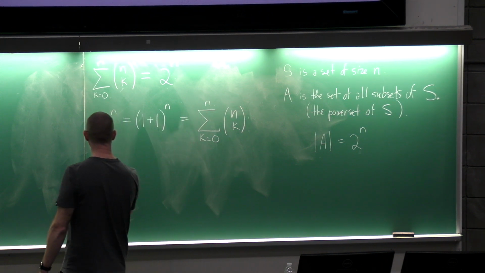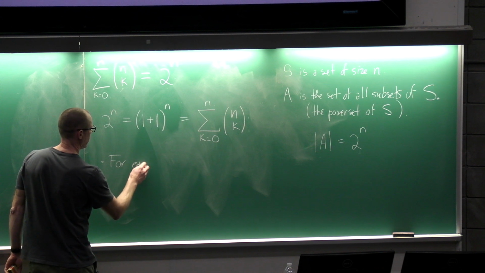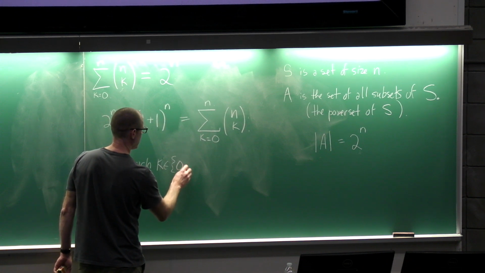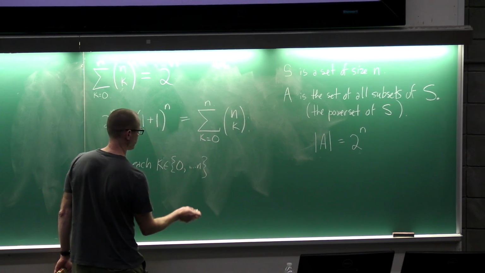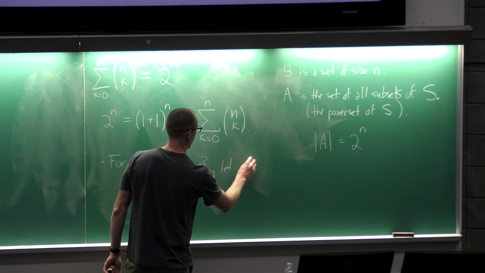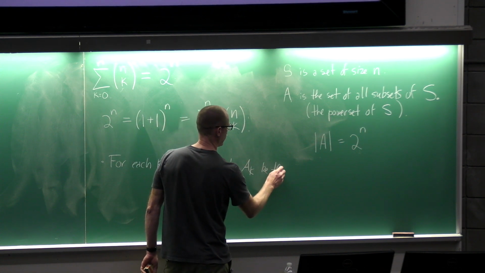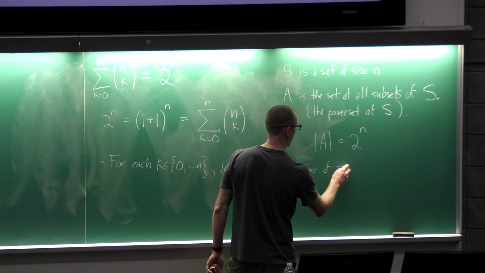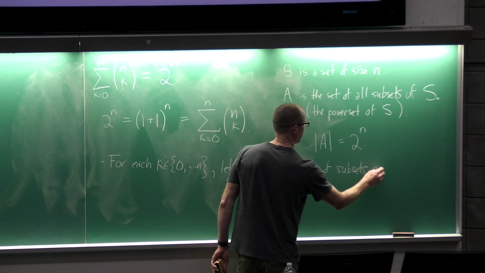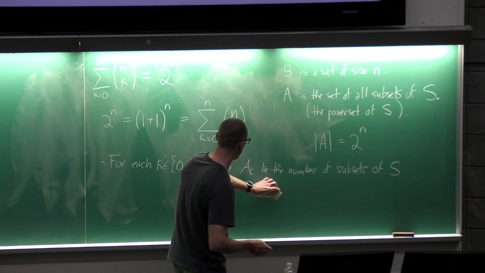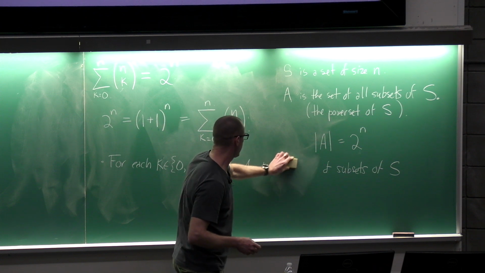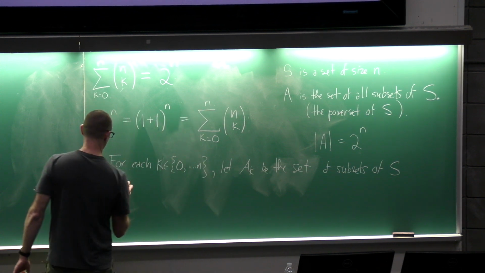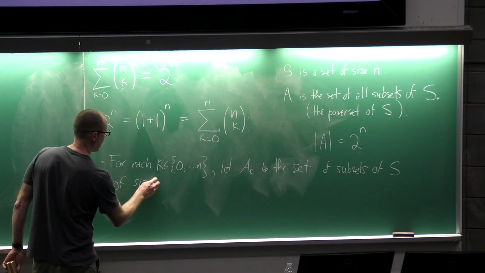Let's say for each k in 0 up to n, let A_k be the set of subsets of S of size exactly k.